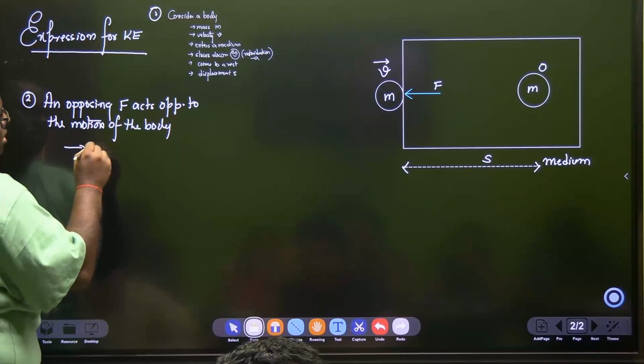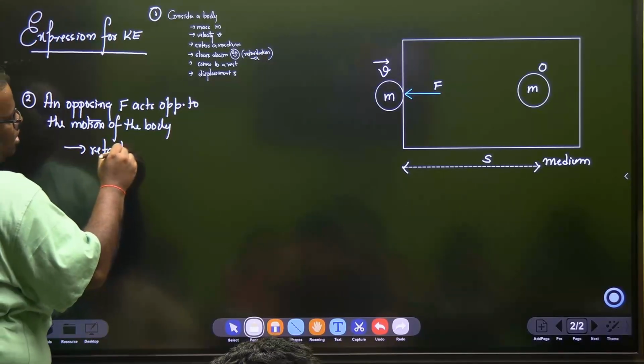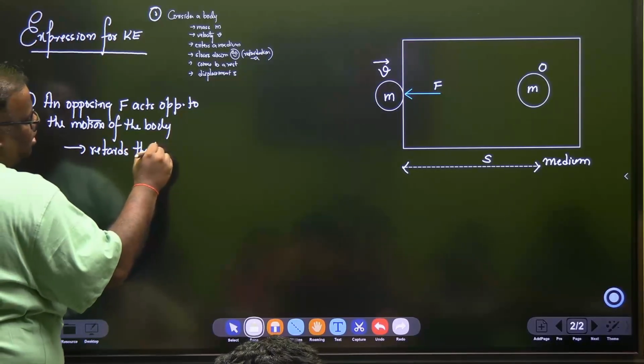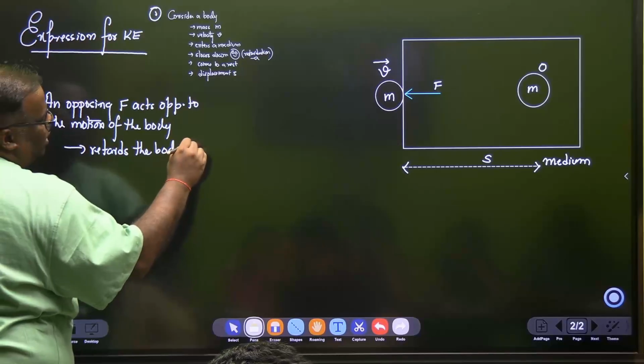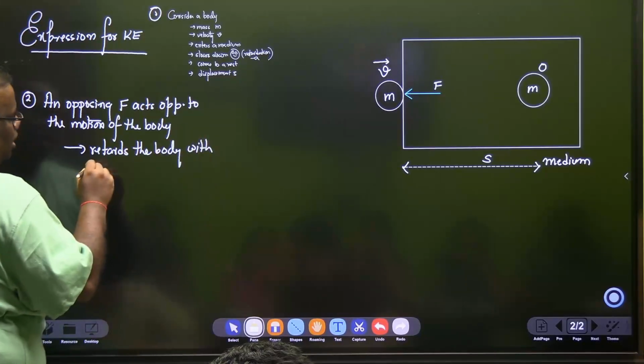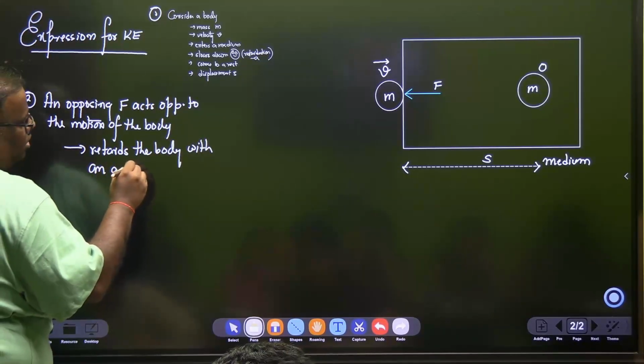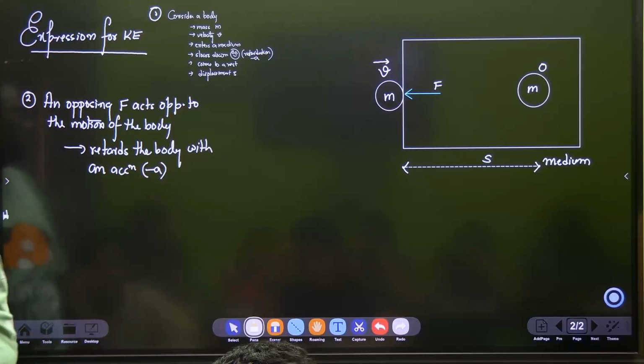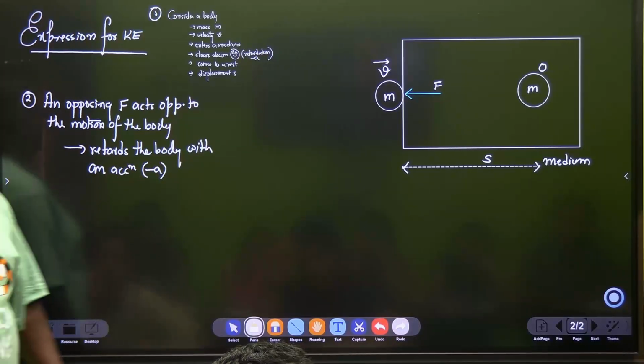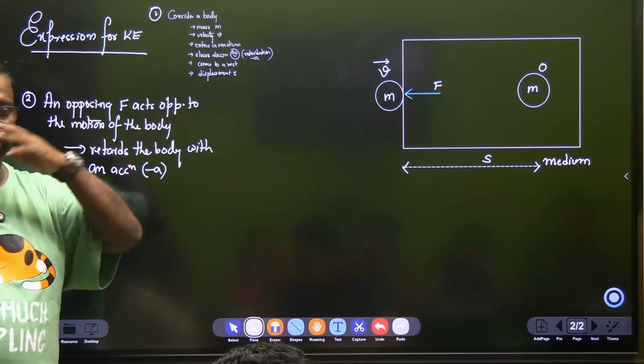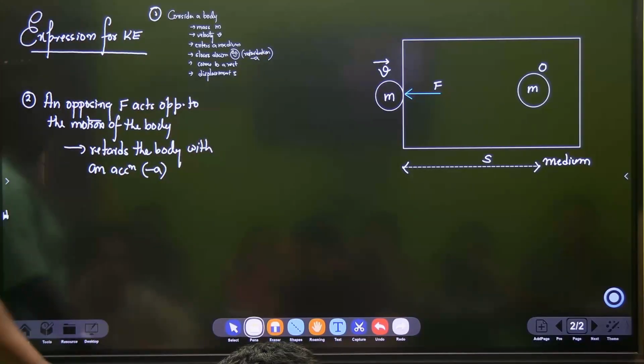And this retards the body with an acceleration which is negative a. Now you yourself ask, why negative a? Because the force is acting against you, so the acceleration will be negative, right?